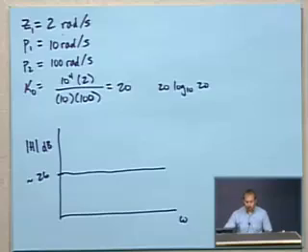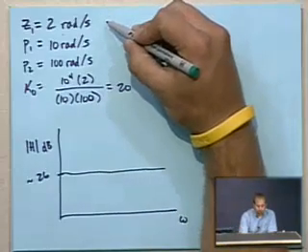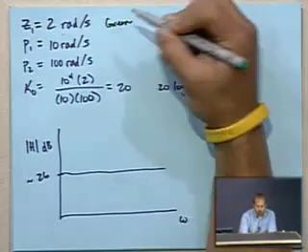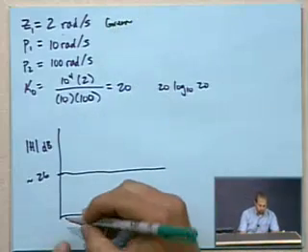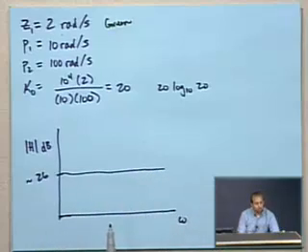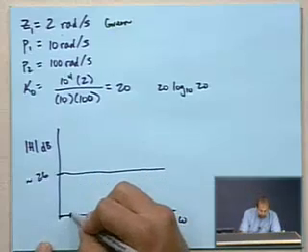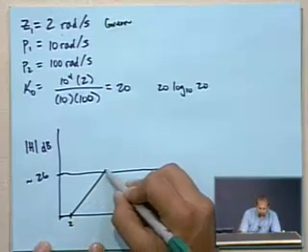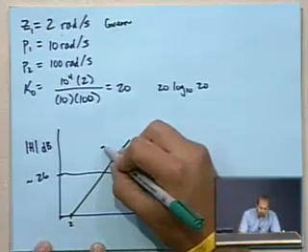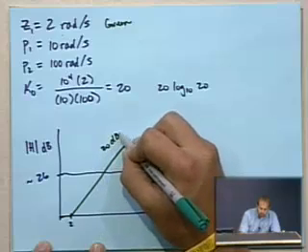The contribution of the zero term, in green, will be 0 until its corner frequency of 2 radians per second. At 2, it starts increasing linearly at 20 dB per decade.